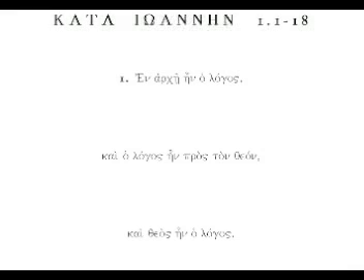The next word before the comma begins with what letter? Theta. And the next letter is epsilon. And the next letter? Omicron. And the last letter in this word? Nu. What kind of accent is over the omicron? An acute accent. We pronounce this word theon.